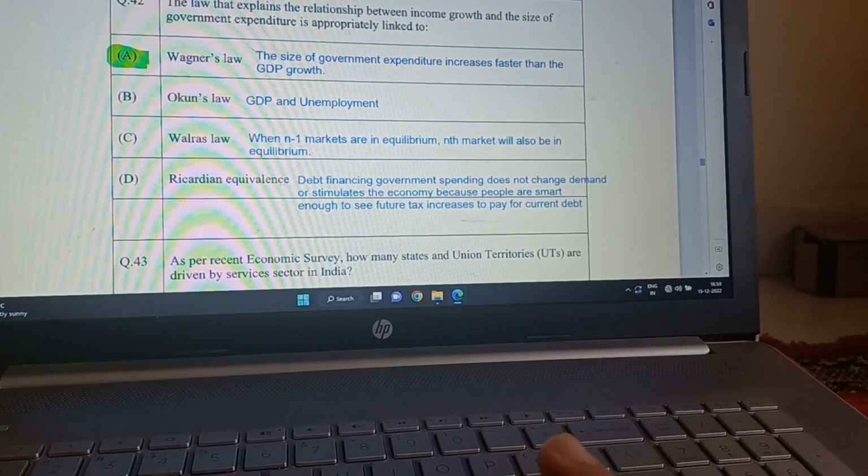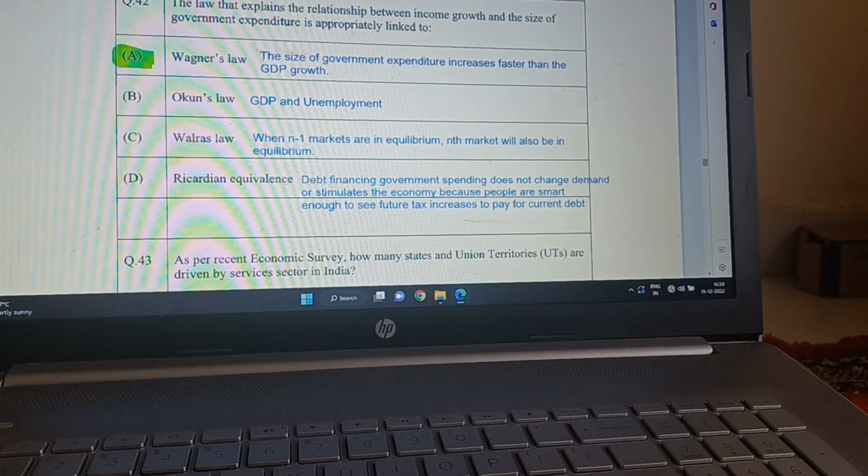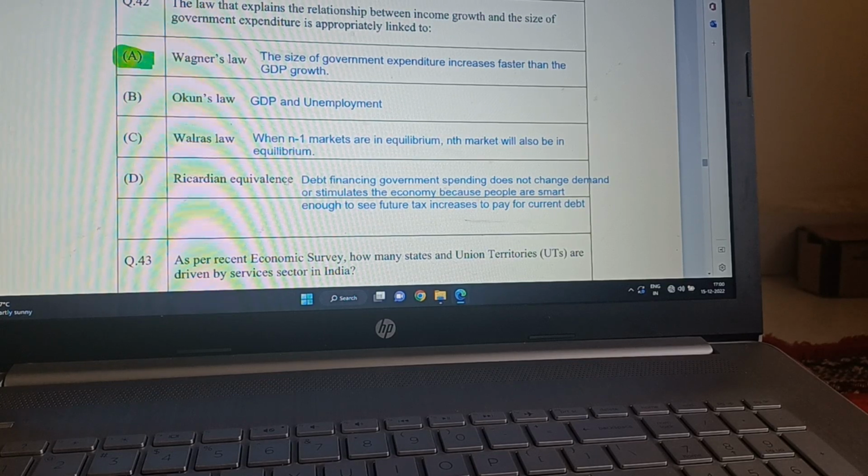And then Ricardian equivalence. Ricardian equivalence tells that if the government spends by borrowing or debt financing, government spending does not change demand or stimulate the economy. Why? Because people are very smart, and they say that if the government is borrowing today, it will have to repay tomorrow.